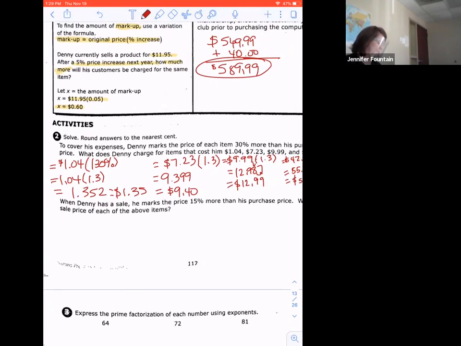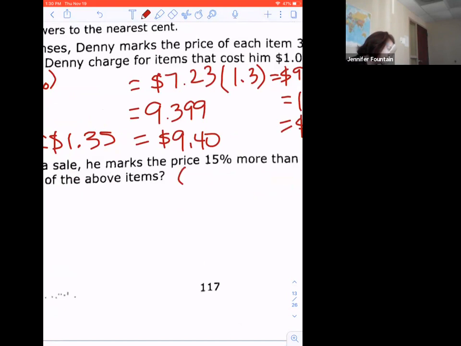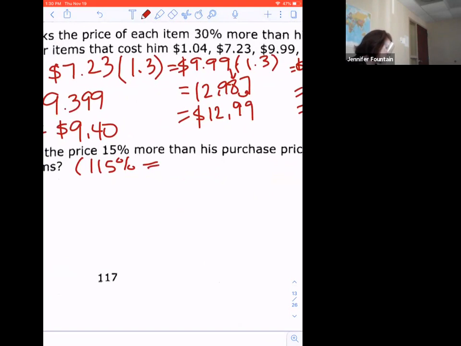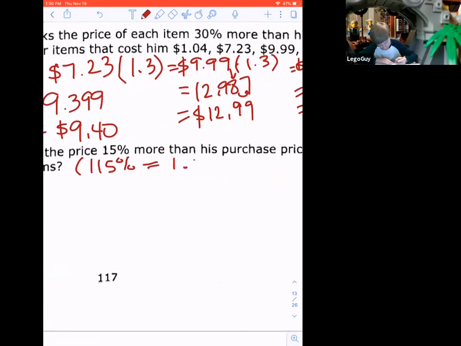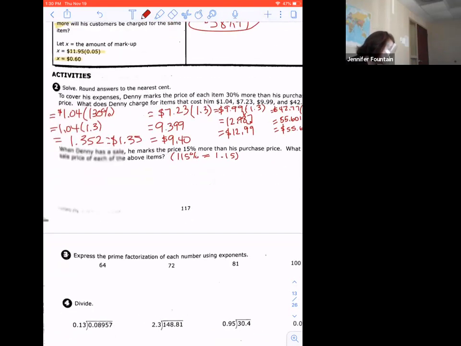So if it's 15% of his purchase price, now instead of multiplying by 130%, we're doing 115%, which equals what as a decimal? 1.15. Okay.